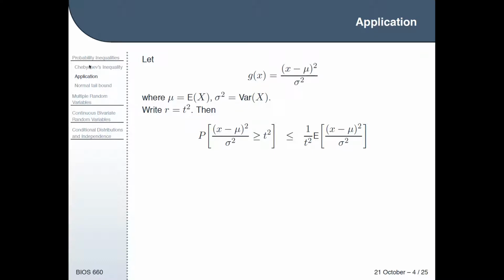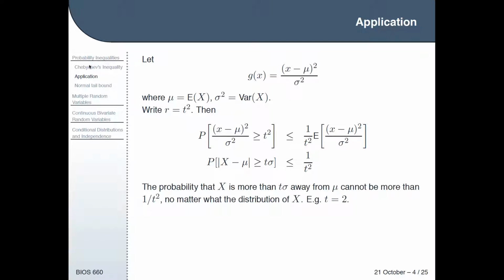So let's say we write r equals t squared and apply Chebychev's inequality. That gives us the probability that (x minus mu) squared over sigma squared is greater than or equal to t squared is less than or equal to 1 over t squared times the expected value of (x minus mu) squared over sigma squared, which, if we simplify, gives us that the probability that the absolute value of x minus mu is greater than or equal to t sigma is less than or equal to 1 over t squared.